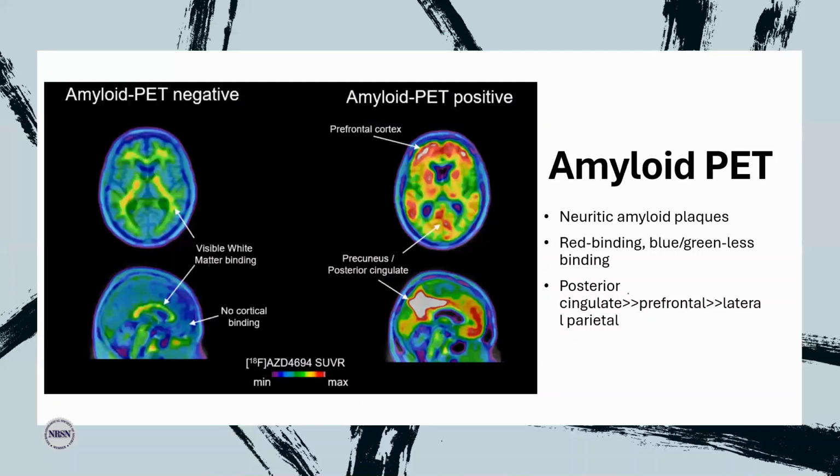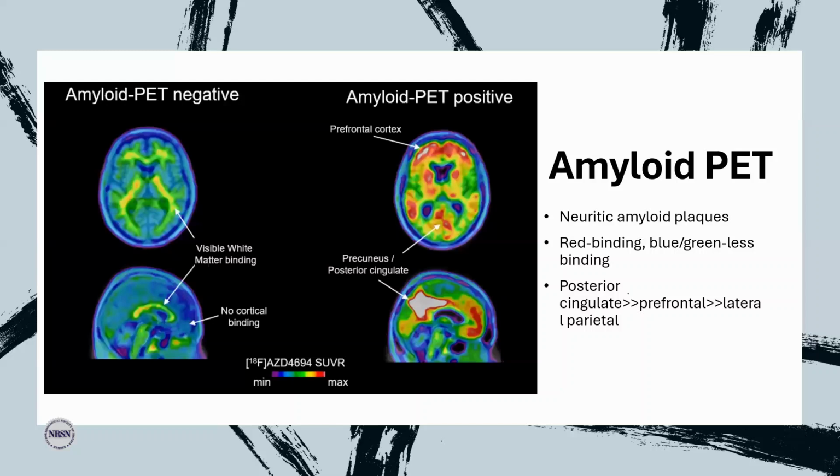Now, amyloid PET just tries to show that because beta amyloid proteins build up in the brain, you're going to inject a radio tracer that will bind to these misfolded proteins within the brain.